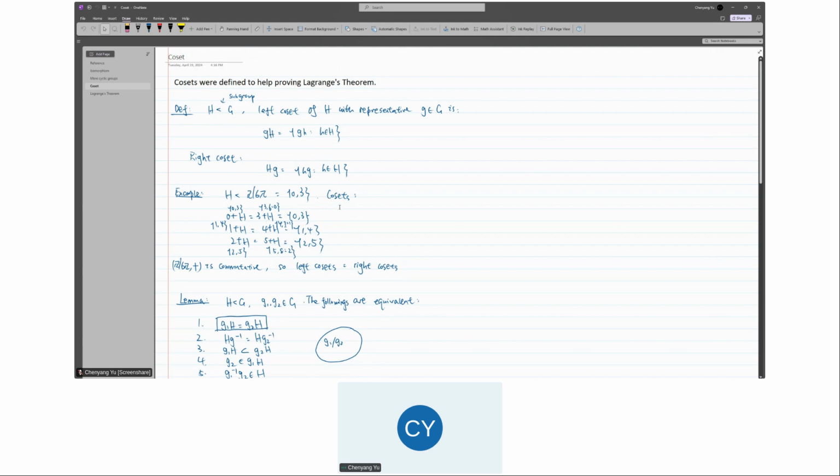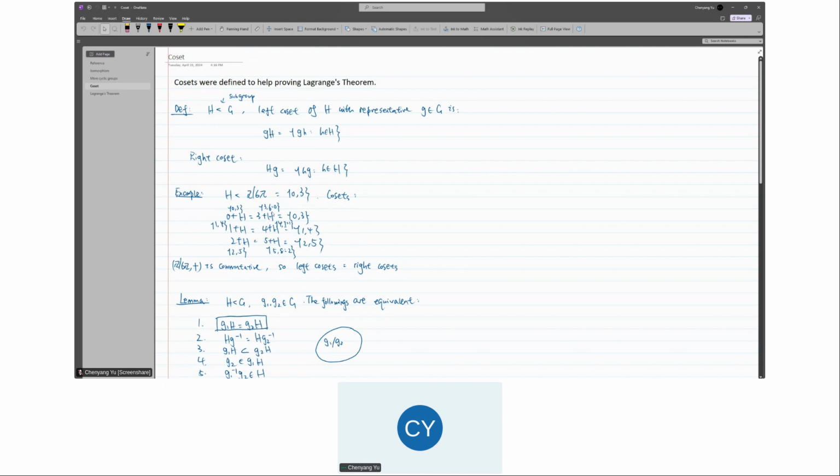All the left cosets of H are the following. 0 plus H equals 3 plus H, because it is {0, 3}. This one is {3, 6}, and 6 mod 6 is 0. So {0, 3}, {3, 0}, {1, 4}, {4, 1}, {2, 5}, {5, 2}. You can see the symmetry here.